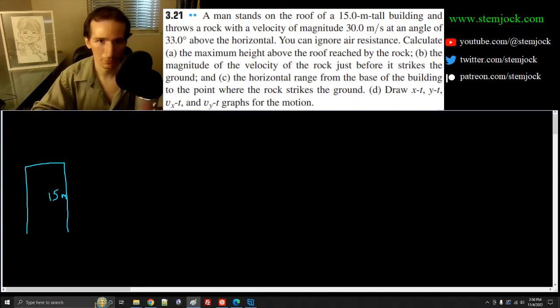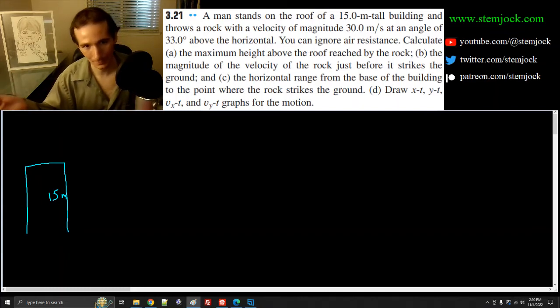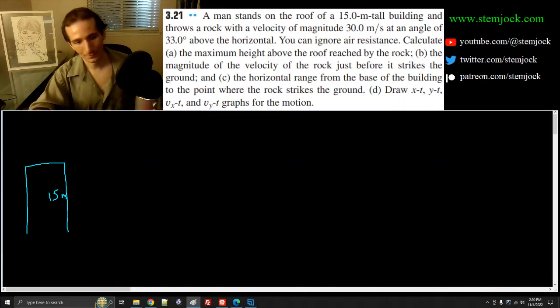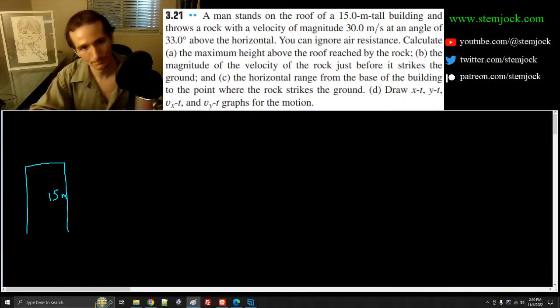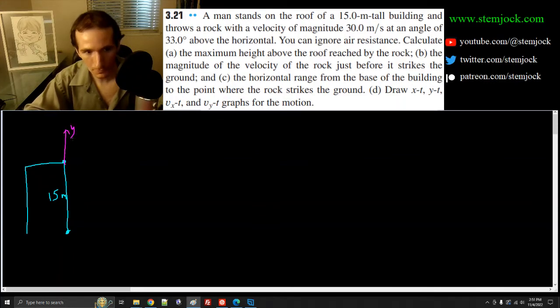If they say that the man throws the rock, then they should give us the man's height so that we can add it to the building's height, but they don't. So I think it's more appropriate to say that he kicks the rock from the ground of the roof. So I'm going to choose my origin to be at the bottom of the building. The vertical axis, as always, is the y-axis. That should be straighter, but yeah, the horizontal axis is going to be x as usual.